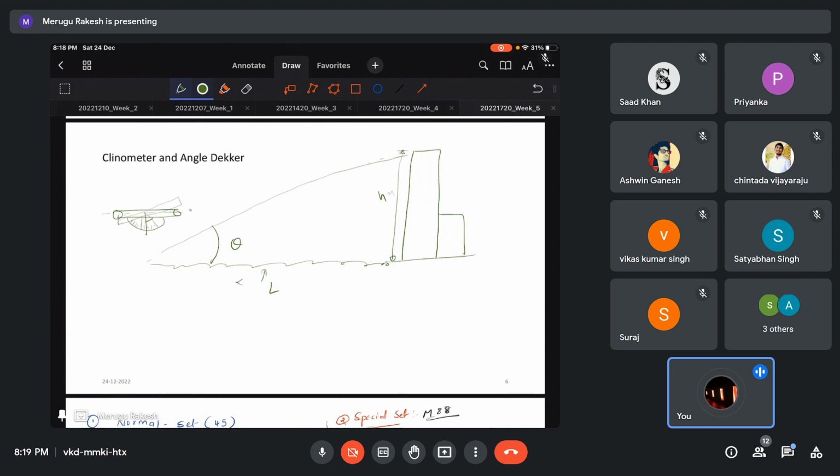That tilt is exactly equal to this theta, and you have this L. If you apply this formula, you will easily get this height. Sorry, cos theta. I think initially I wrote it correctly. Sorry, tan theta it is.